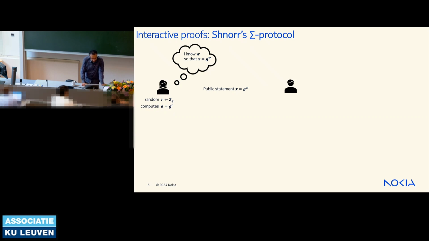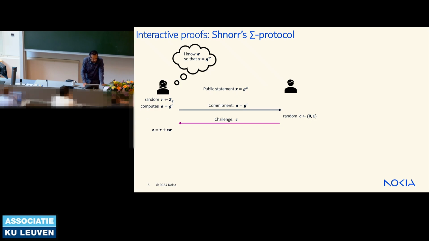Alice computes A, like G power of R, and sends this A as a sort of commitment to Bob. And Bob generates a random challenge C and sends the challenge to Alice.